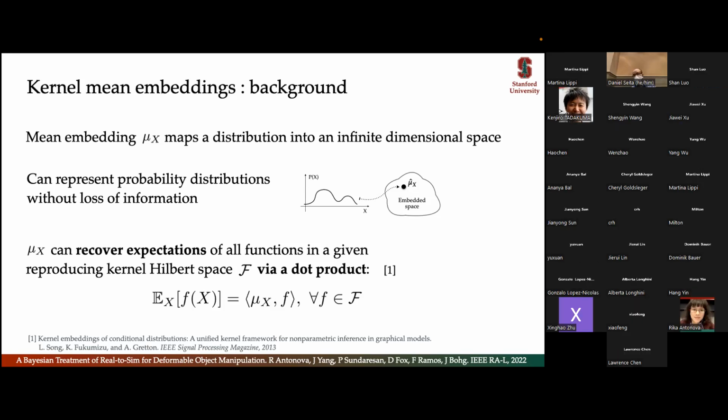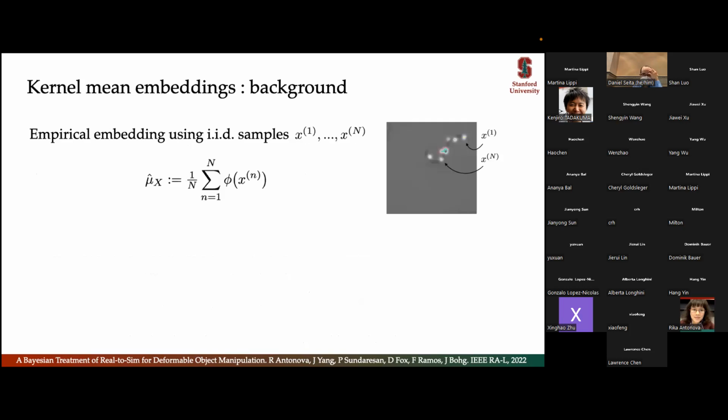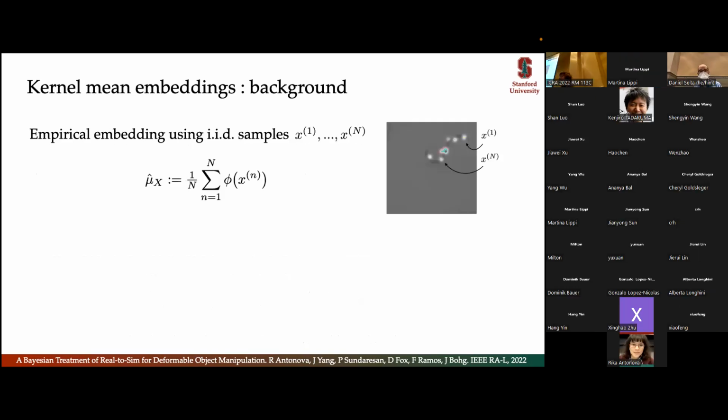And what I mean here, and here is some literature for people who are interested in the mathematical aspect of it, is that with this mapping, we can recover the expectations of all the functions in a given reproducing kernel Hilbert space, via a dot product. So if we have our mapping that we're looking for, and we have some function that we're interested in, via a dot product, we are going to be able to recover the expectation of this function. So this could be useful for various reasons. So what we have here is a previously existing nice mathematical structure that we can work with.